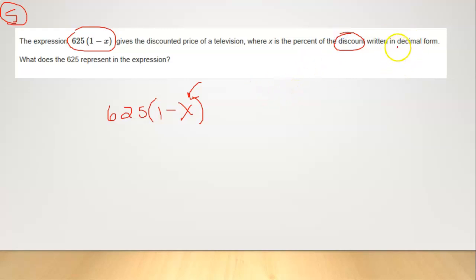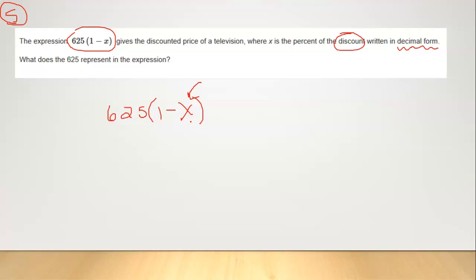And we always write percents in decimal form. So in this example, they don't give you a percent to deal with in the expression because the percent is the variable. So this is actually a really good working expression, especially for consumers like you or your parents or your learning coaches or your neighbors, people who go shopping at the store.